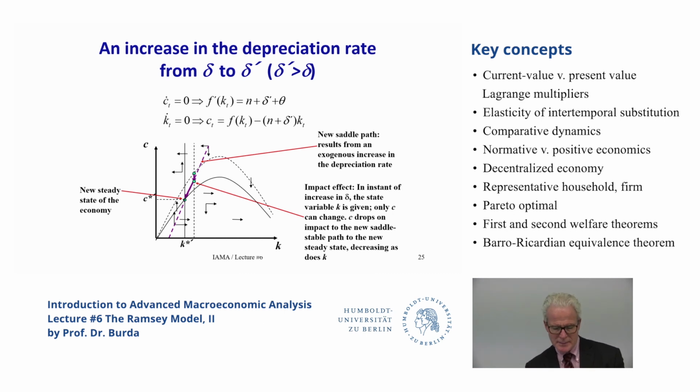So that means that consumption will drop immediately to reflect that new pain, but also it will decline over time as the capital stock also is effectively consumed by the inhabitants of this economy because they can't sustain the higher steady state. So the new steady state is obviously at a lower level with a lower capital stock per capita.